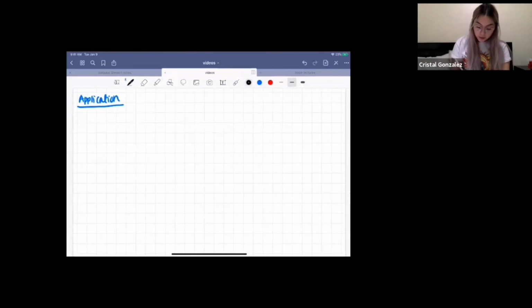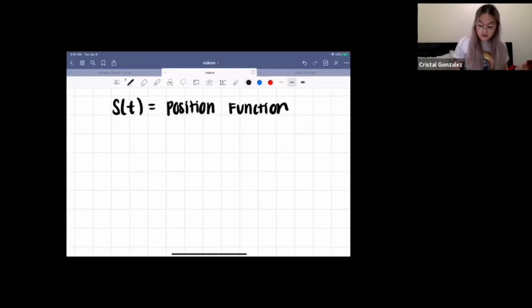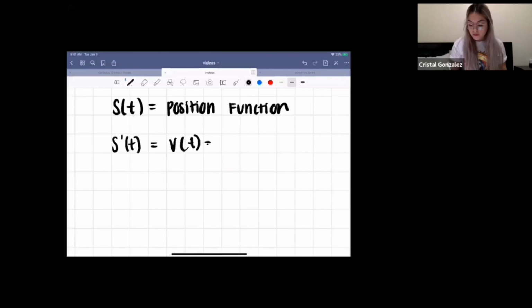So remember that s of t is equal to our position function. Or you could have also called it r of t, whatever, it doesn't matter. And remember that if we take the derivative of s of t, we end up with our v of t, which is our velocity function.